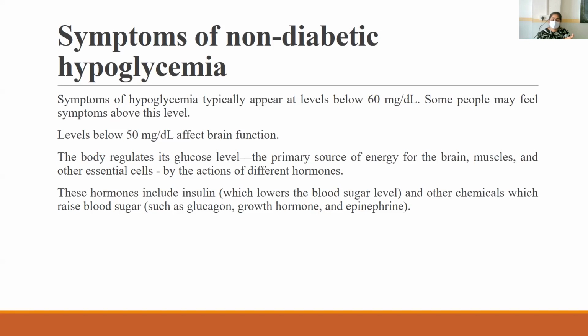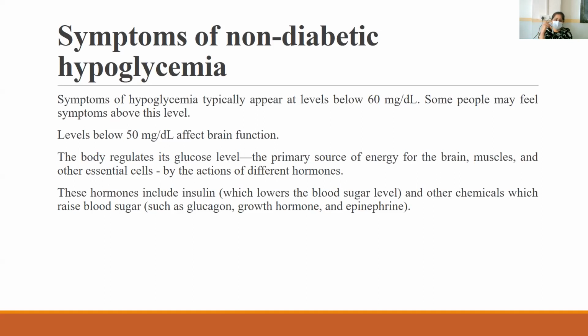Just now we discussed the role of insulin, glucagon, and somatostatin in regulating the blood glucose level. Insulin lowers the blood sugar level, and other chemicals raise blood sugar. Other than insulin, there are other hormones also, such as glucagon, growth hormone, and epinephrine.